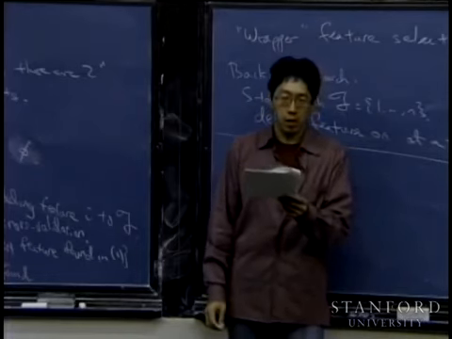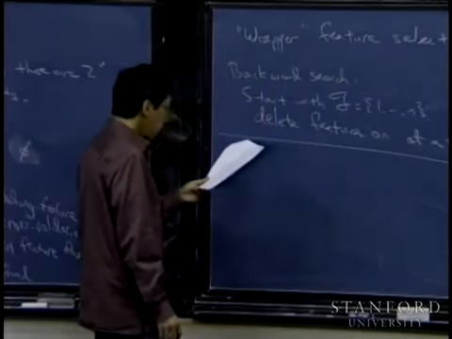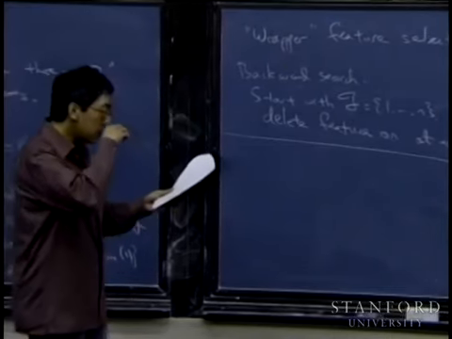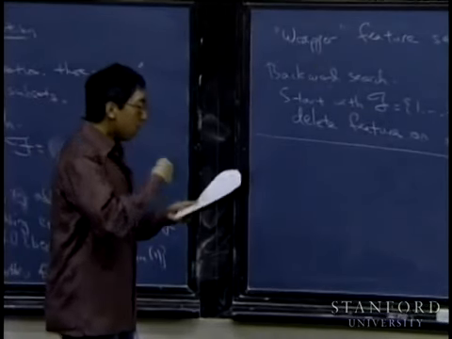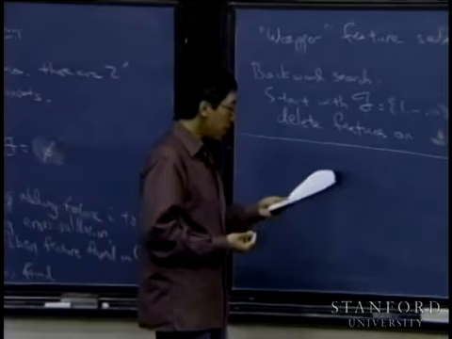Okay. So wrapper feature selection tends to work well when you can afford to do it computationally.